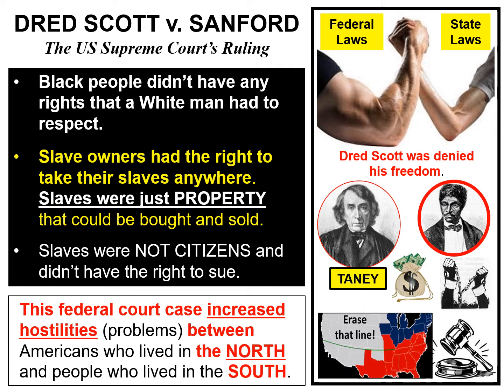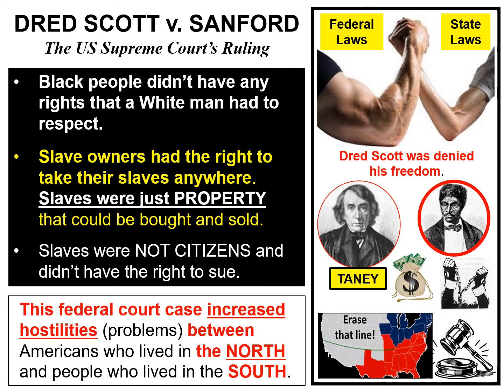So basically what he said is that Black people didn't have any rights that a white man had to respect. He said that slave owners had the right to take their slaves anywhere they wanted to. He said that Black people were just property and they could be bought and sold at any time.